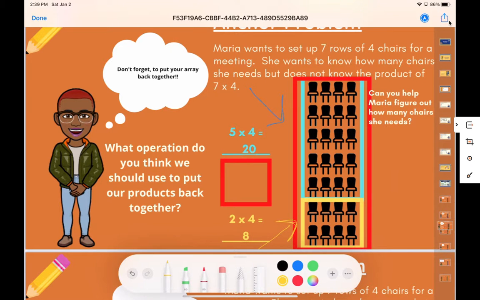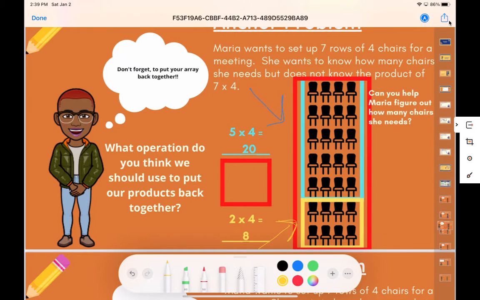I reminded you that in our key terms for distributive property, we said that we could take our array apart and then put it back together by finding the sum. What operation do you think that we're going to use if we are finding the sum?